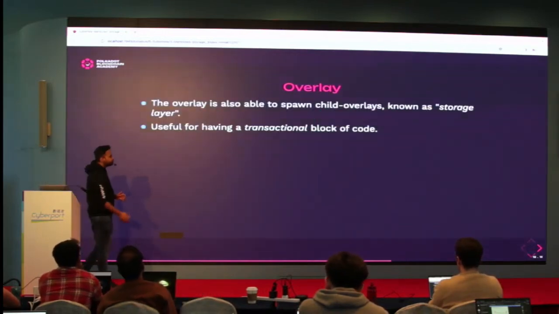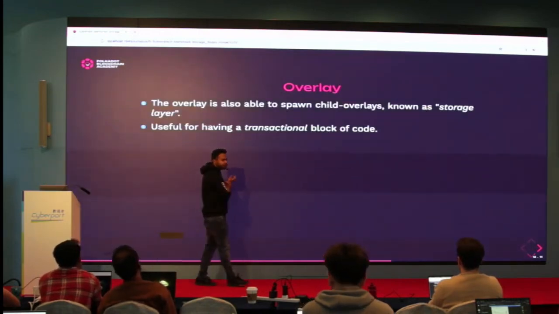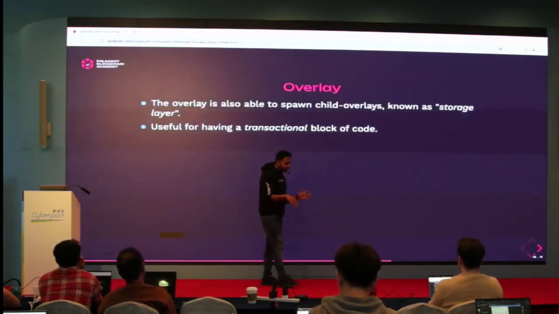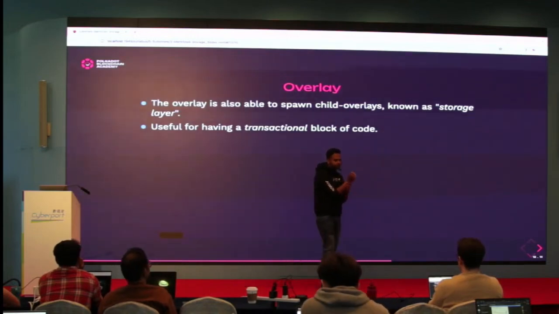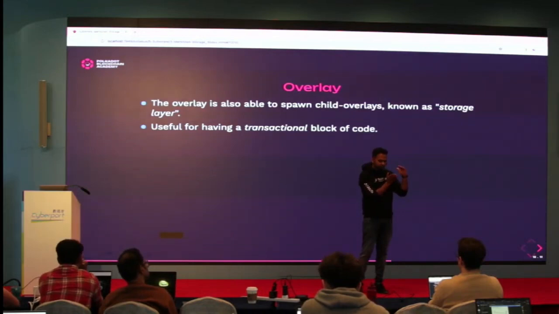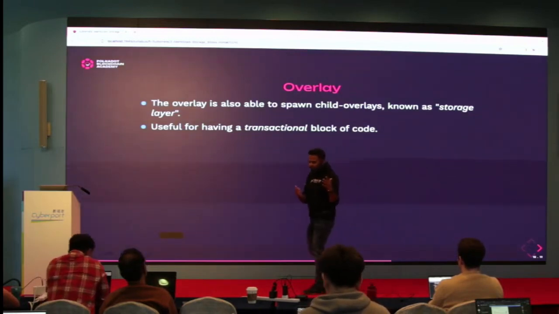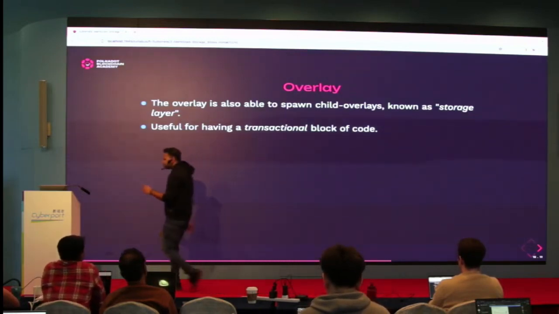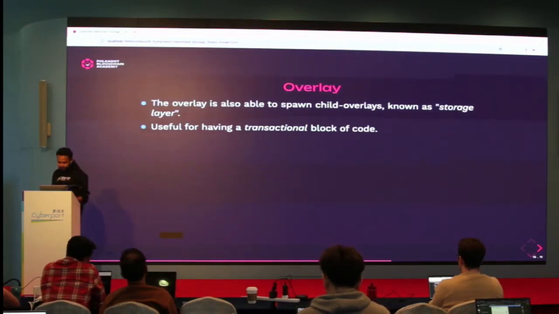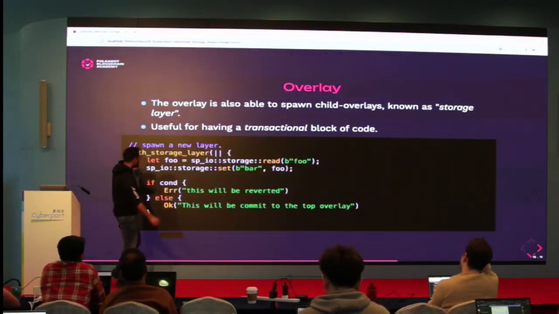You also have the option to have a child overlay. Imagine a use case where you have some piece of code, and in between the code, you have some transactional piece of data, so something should happen atomically. And if something fails in between, you reverse the whole changes. So there is a concept of child overlays, and you can use something called with_storage_layer.